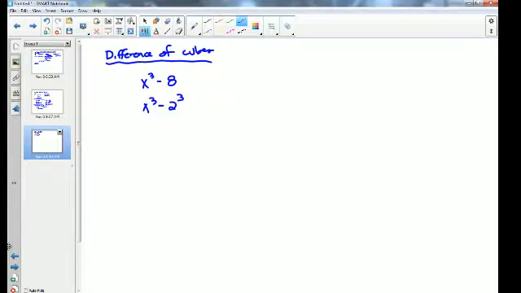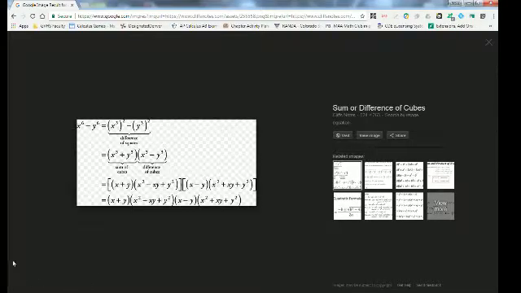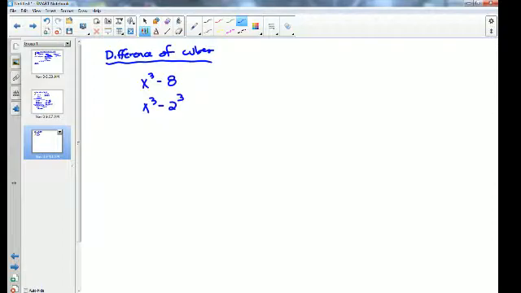So, the difference of cubes is x minus y, and then we have pluses. So, x minus 2, right?